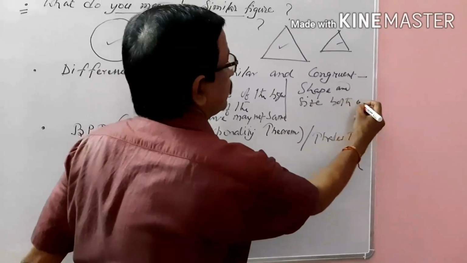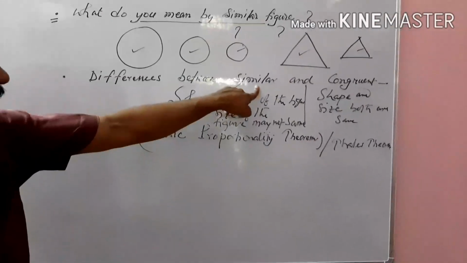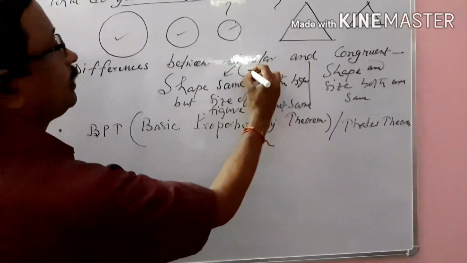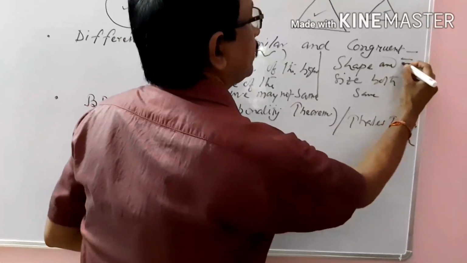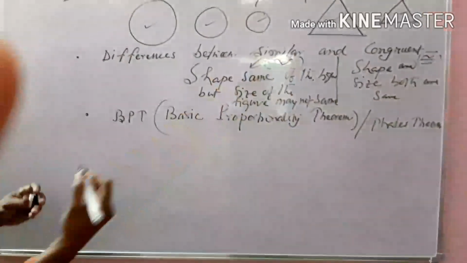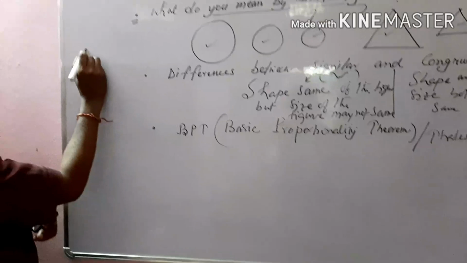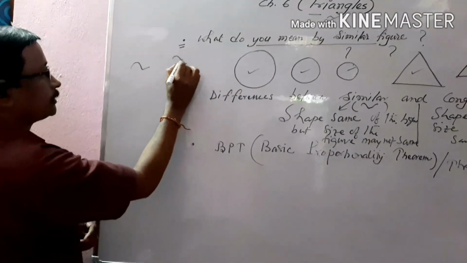both are the same. So how do you represent these? In case of similar we use this symbol, and in case of congruent we use this one. If we explain the symbolic form, you see this side, this one is the similar symbol, and this one is the congruent symbol.